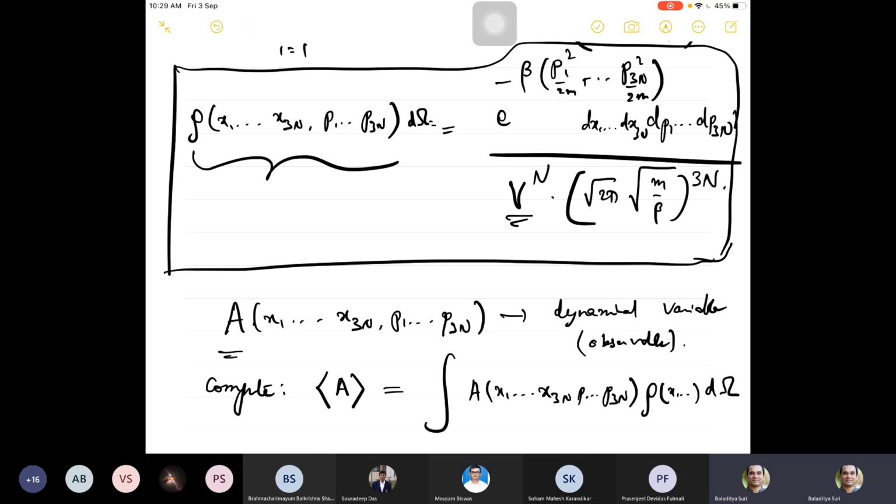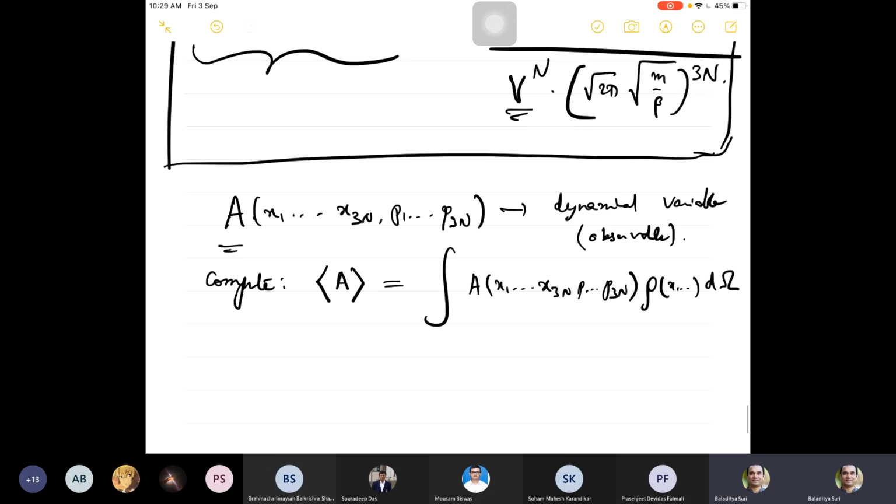In probability theory, that is how we define average values. They are also called expectation values. This is for any variable, any observable A, which depends on x1 to x3n and p1 to p3n.